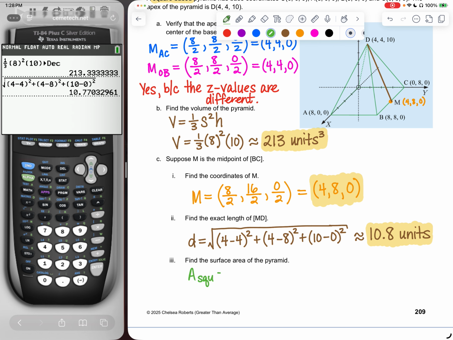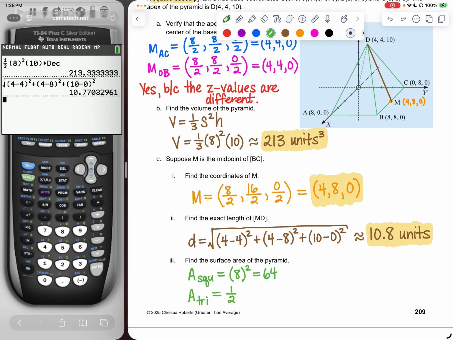is just going to be equal to, we know the square is 8 units long, so the area of the square is going to be 8 times 8, which is 8 squared, which is equal to 64. The area of the triangle, even though we have 4 of them, focus on one of them at a time, is going to be equal to 1/2 times the base. The base of the triangle, and when I say the triangle, I'm referring to the one on the side here, is going to be the length of that square.